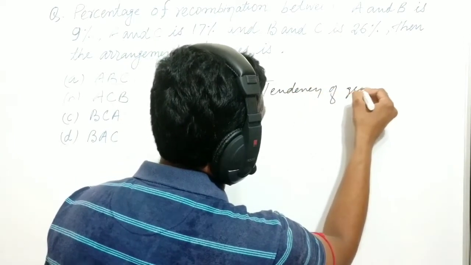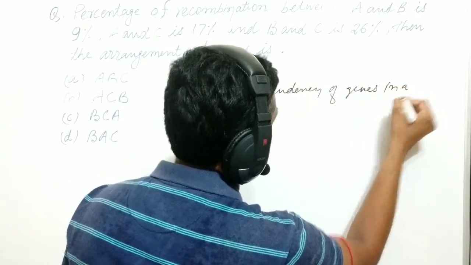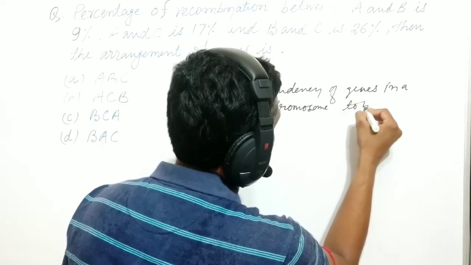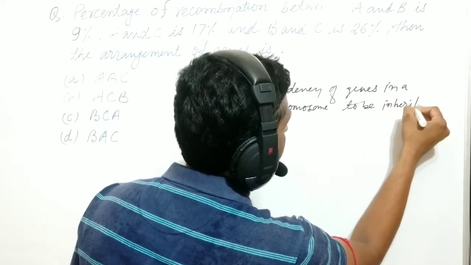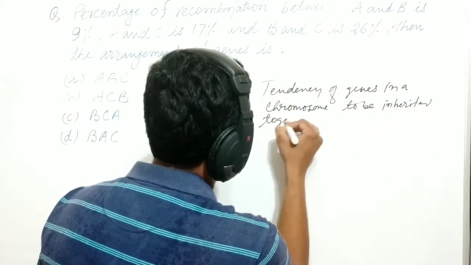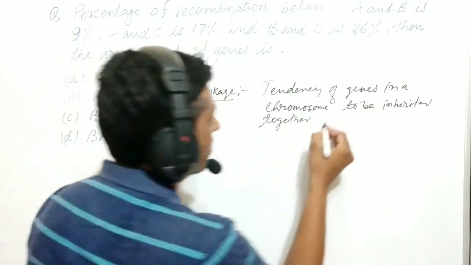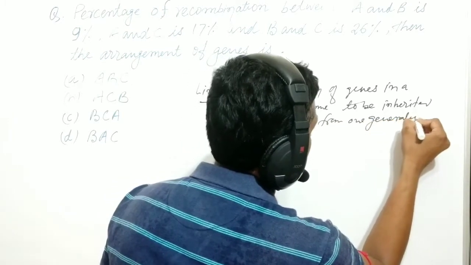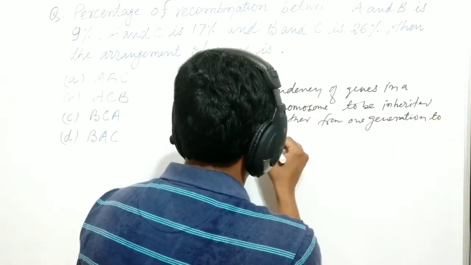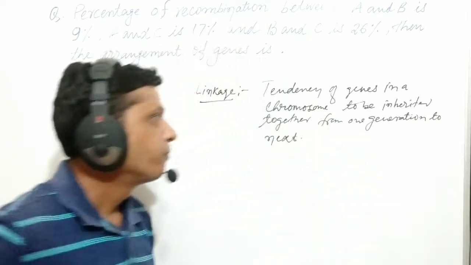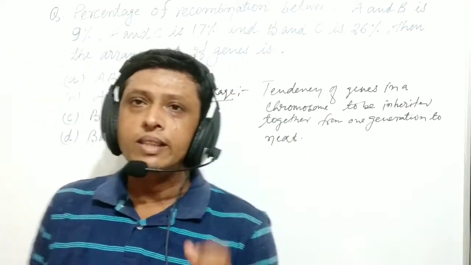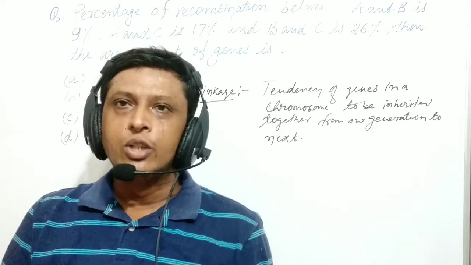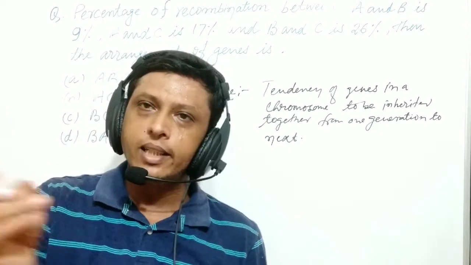Linkage is the tendency of genes in a chromosome to be inherited together from one generation to the next. When the genes are present in one chromosome, they form a linkage group. How many linkage groups are there in human beings?